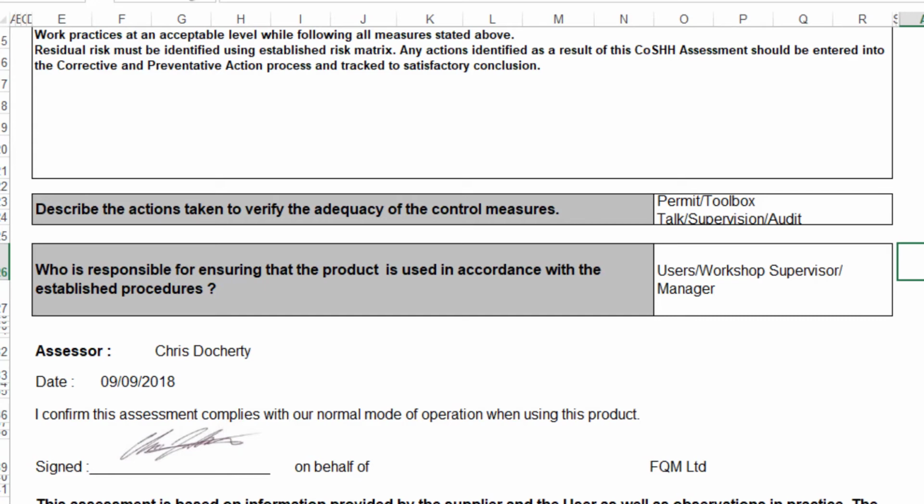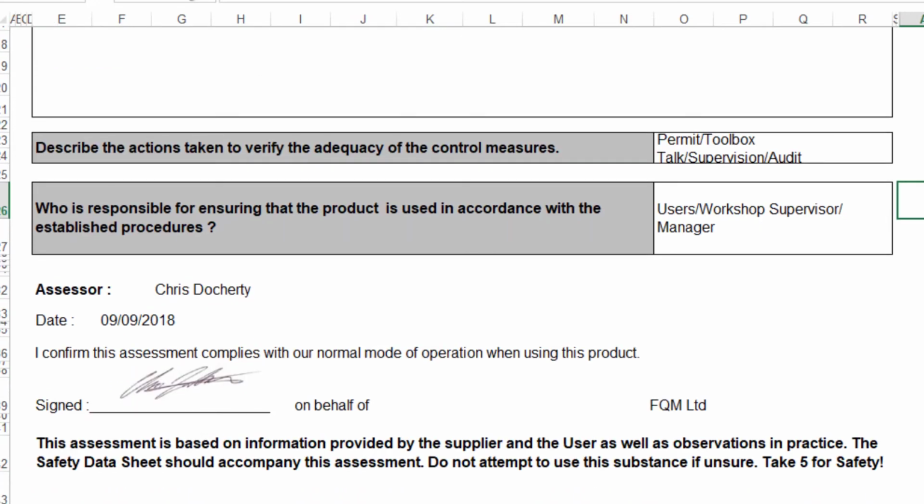So we can see here that we have verified the adequacy of the controls, and we do this on a regular basis through our permit, toolbox talk, our supervision and our regular audits that we undertake. And we've identified the people who will undertake those control measures to ensure they're working.